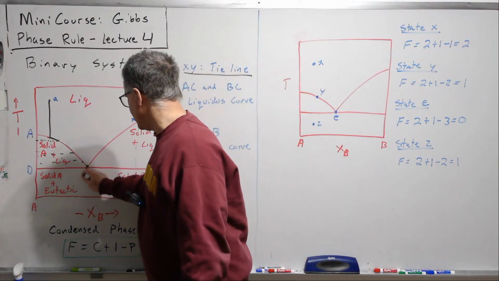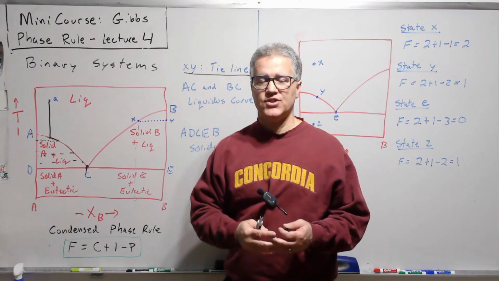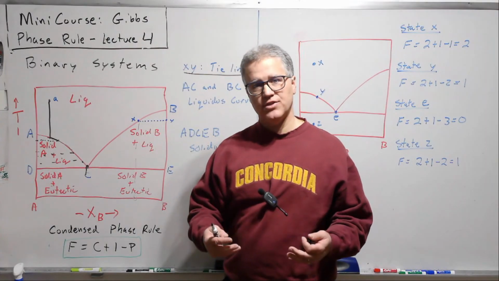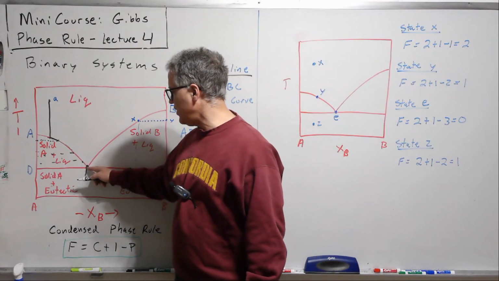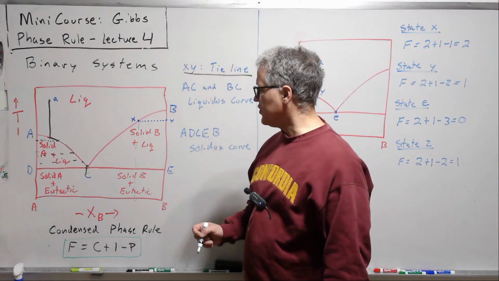And it will freeze as a solid homogeneous mixture of A and B. And that's called the eutectic. And this is called the eutectic point, and this is called the eutectic temperature.